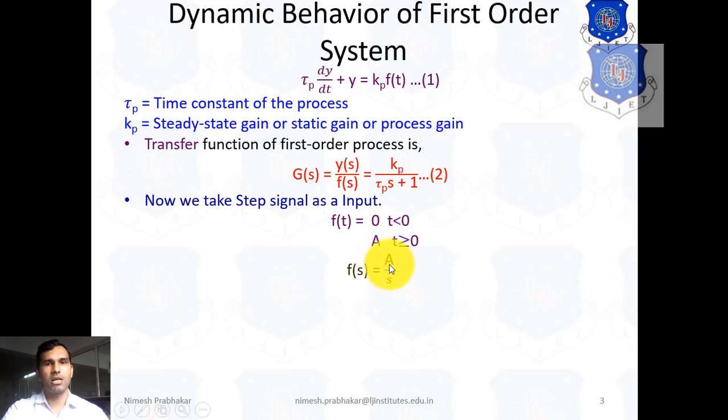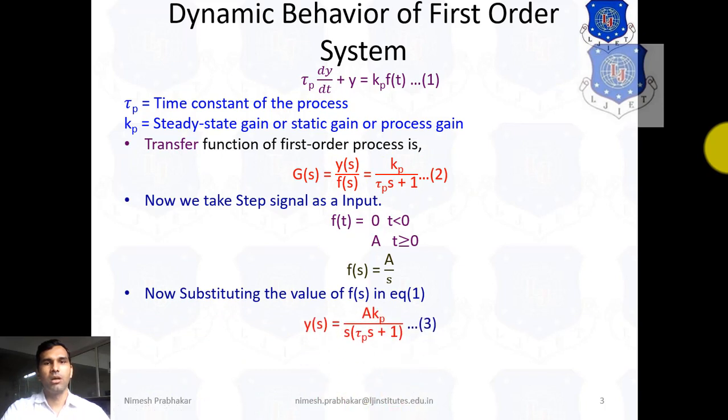So, this is the Laplace transform of f of t. Now, putting this value in equation number 2, we can write Y of s is equal to F of s multiplied, so we get A Kp upon s into tau p s plus 1.